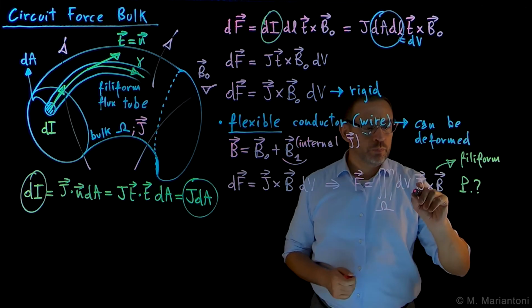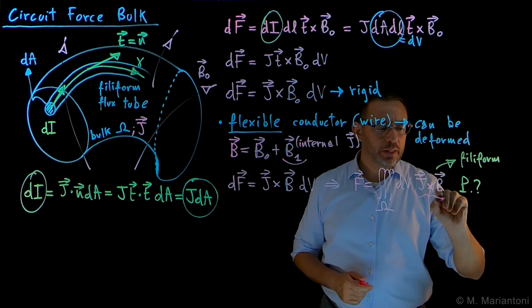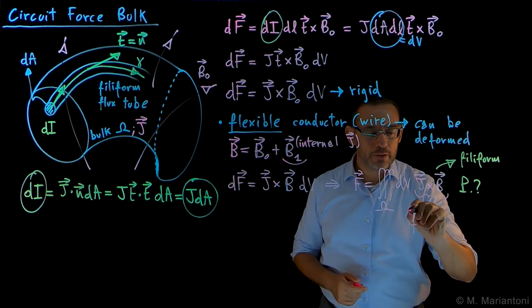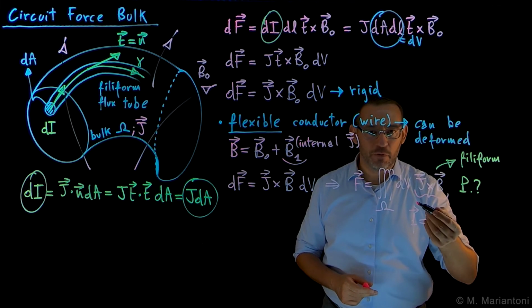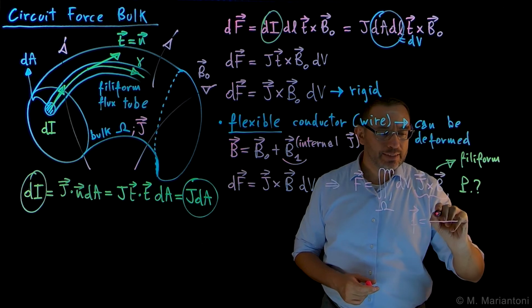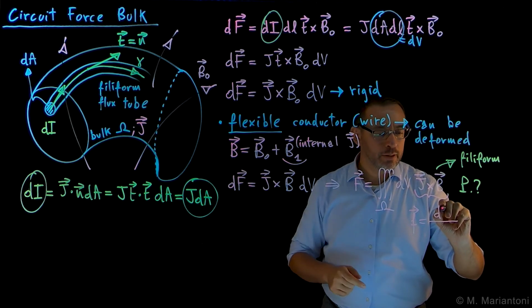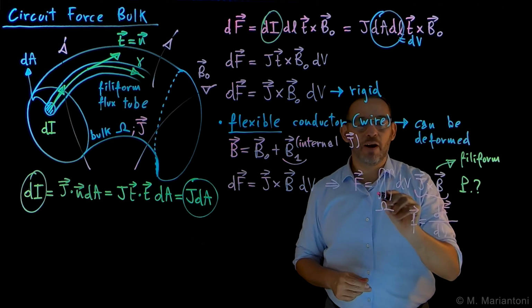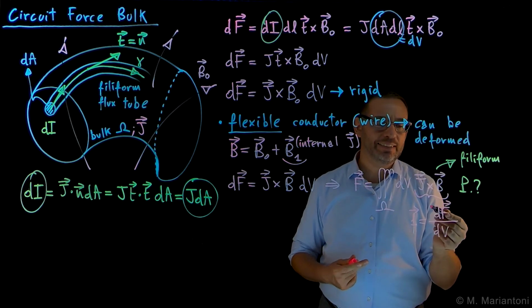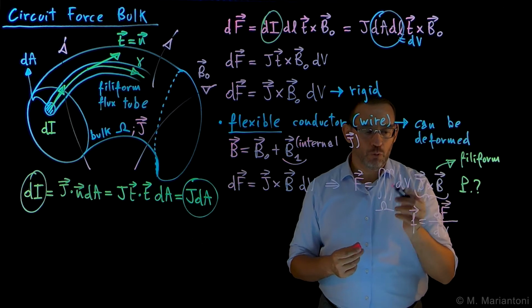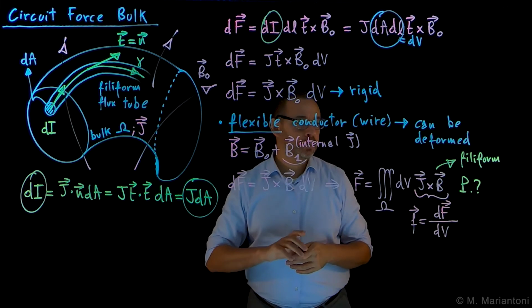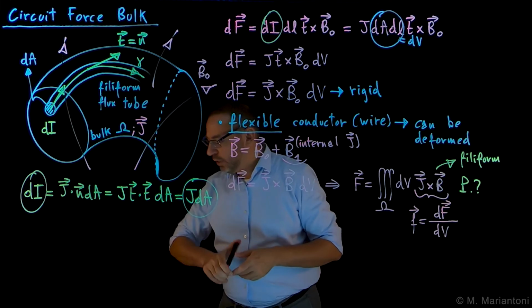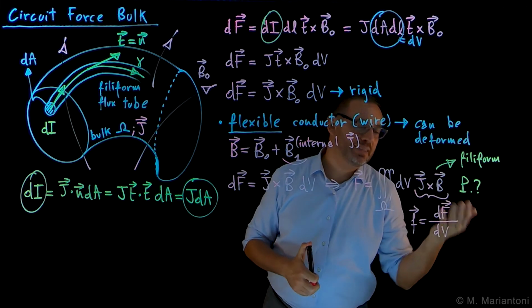In particular, this quantity here, J vector cross B, people call it small f. Small f is the force per unit volume, and so it's nothing but dF from this definition, divided by dV. If you want, you could rewrite this as the integral of this force density, but it's not necessary to do so. It's just a definition: J cross B is the force density.